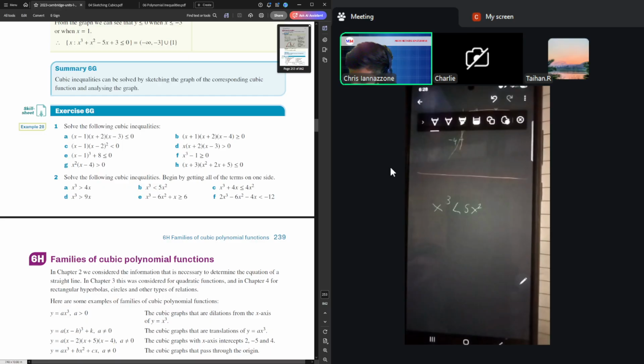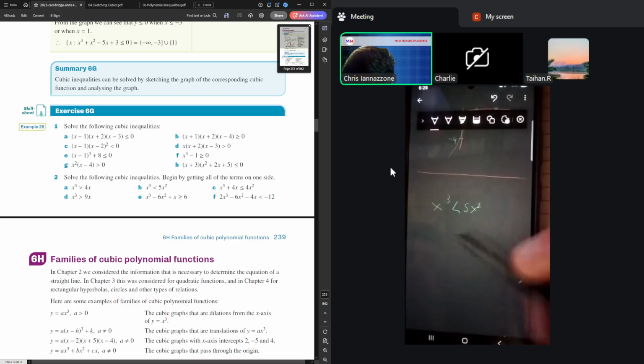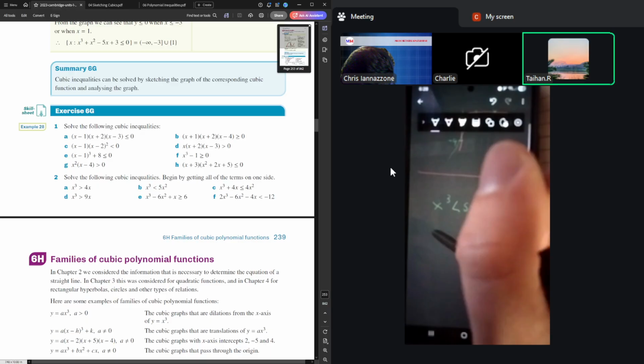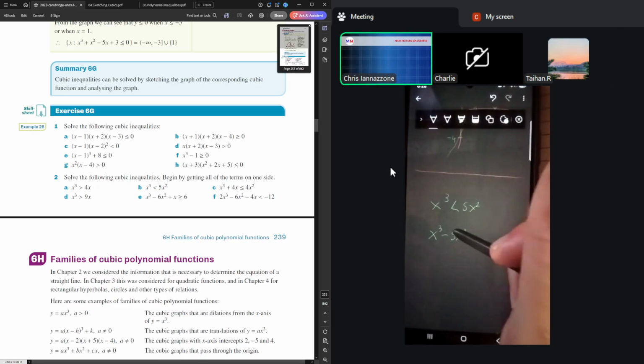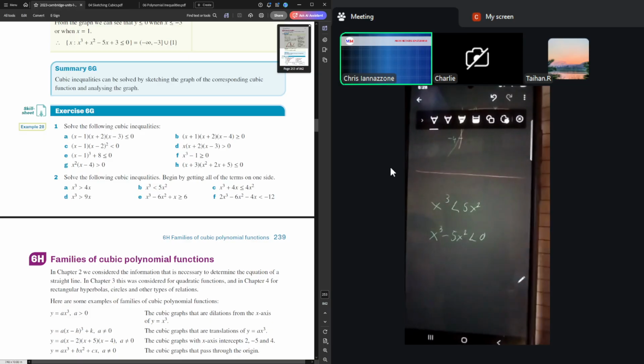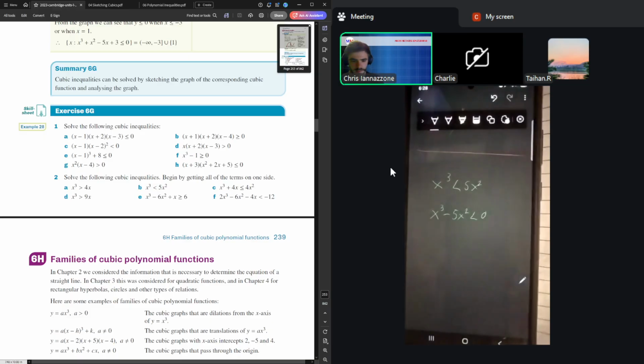Yep, sounds pretty good to me. So you could just minus 5x squared. Minus 5x squared, less than 0. Cool. And then I think you need to graph it. We do need to graph it, yeah.